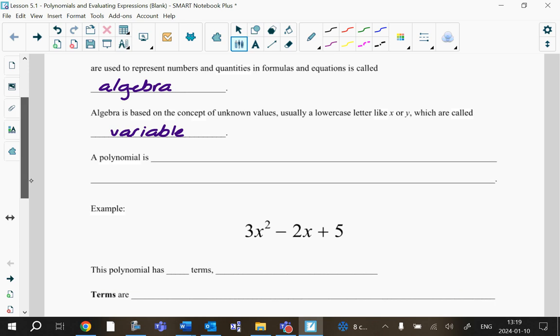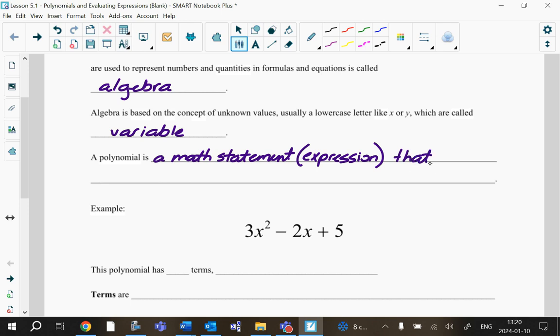So a variable is part of something that we call a polynomial. Okay? So a polynomial is basically a math statement. And a math statement, using fancy math words, is called an expression, that contains one or more of what we call terms.